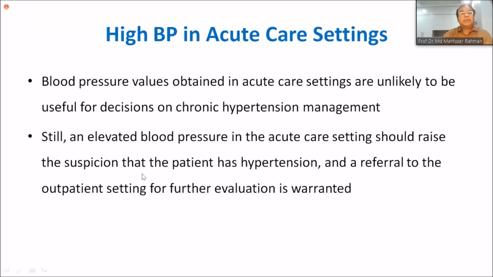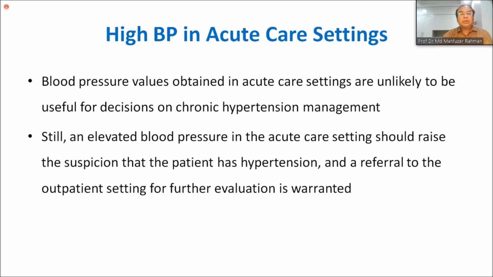Still, an elevated blood pressure in acute care settings should raise suspicion that the patient has hypertension, and the patient should be advised to measure blood pressure in outpatient settings for further evaluation. So, in acute care settings, we should not declare a patient as hypertensive.